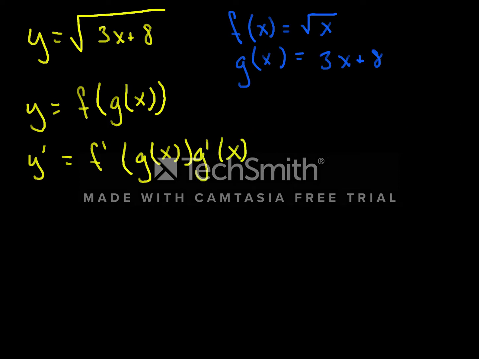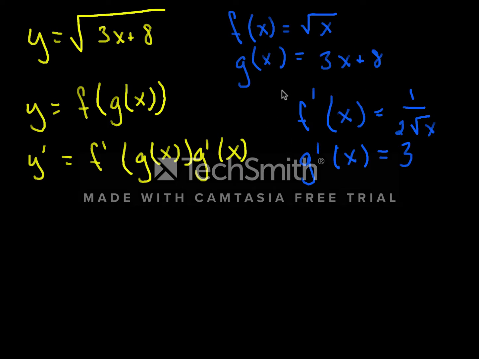Well, what is f prime? We've done the square root quite a few times, so hopefully this is the power rule. f prime of x, using the power rule, is 1 over 2 root x. And g prime, this is just a nice polynomial. Again, you should be able to compute this derivative quite handily by now: the derivative of g is 3.